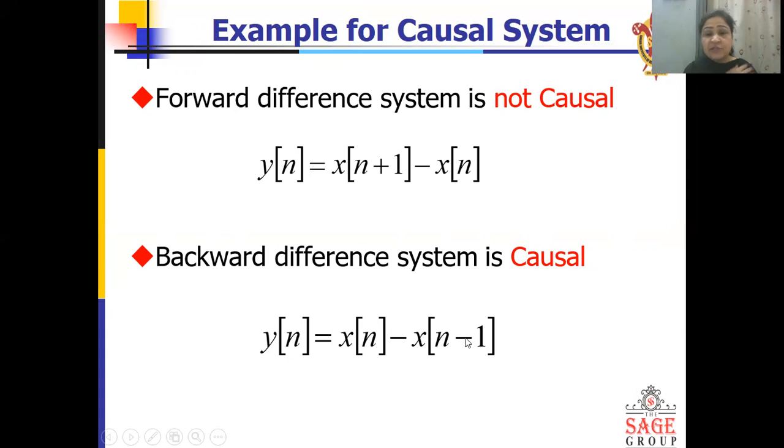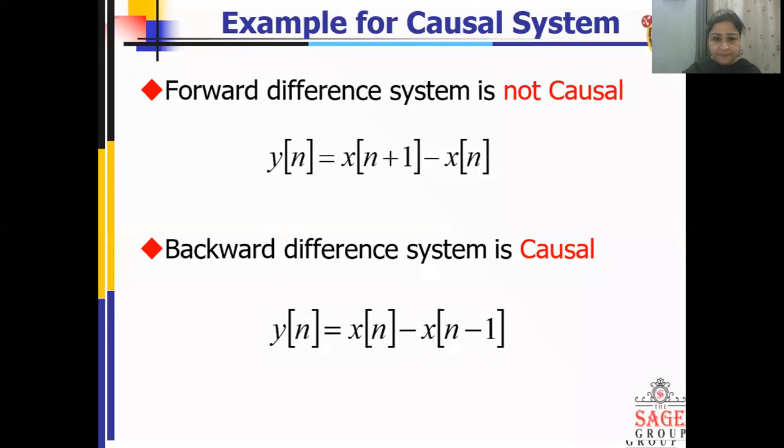That means it depends only on present input and past input. It does not depend on future input. Now if I take every value of n, I should get that the output of the system depends only on the present and the past inputs. Therefore, the system is a causal system.